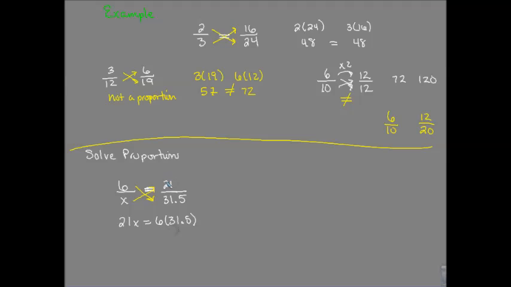So 21x is going to have to be equal to 189. And then if I divide both sides by 21, I get that x is equal to 9. So then I'll know that 6/9 would be equal to 21 over 31.5.